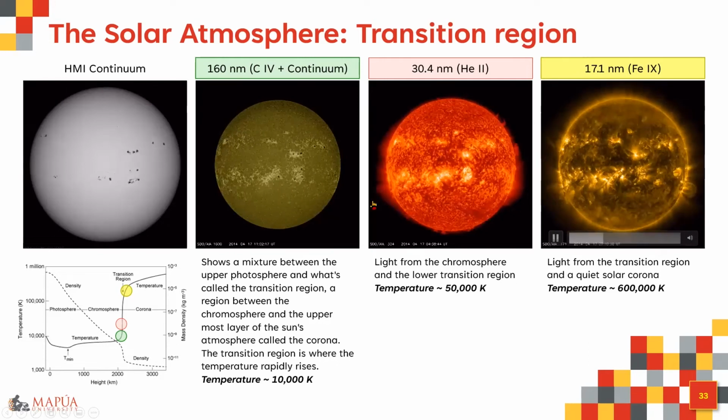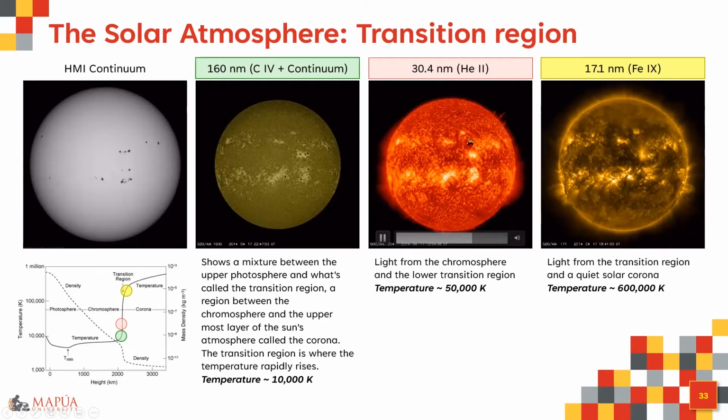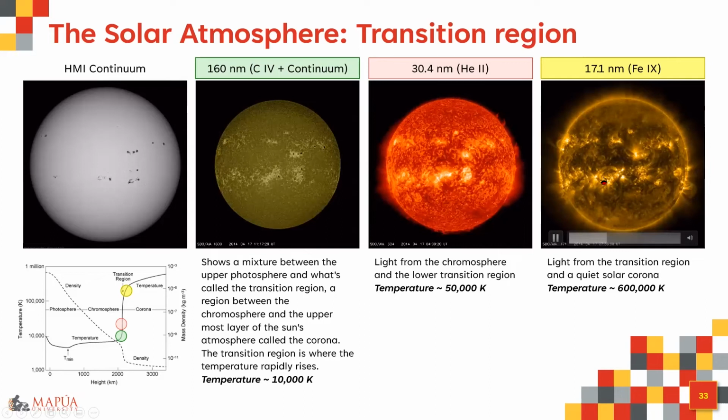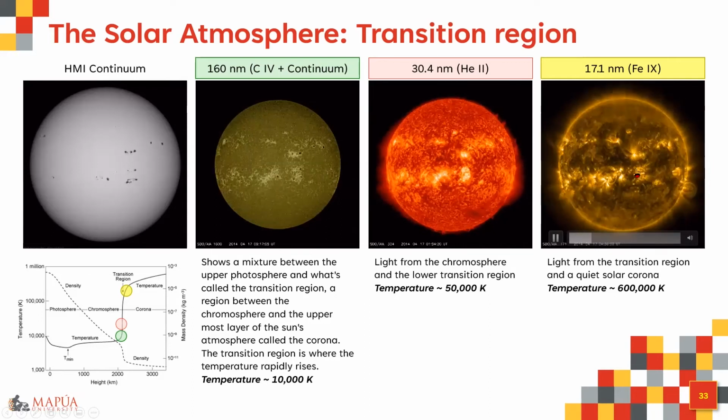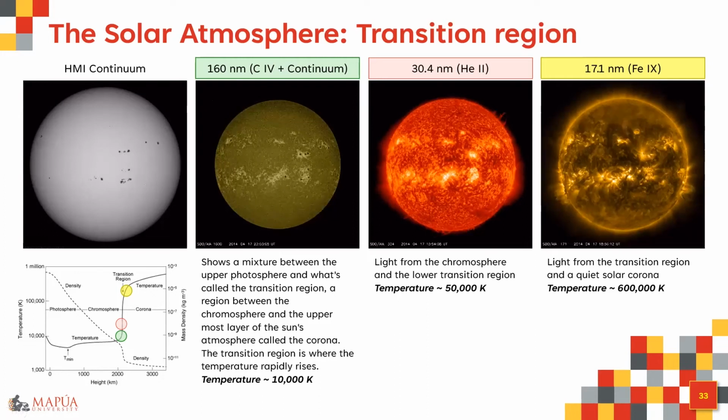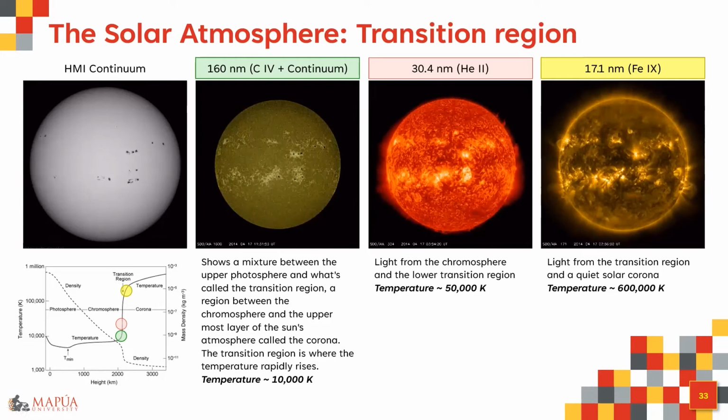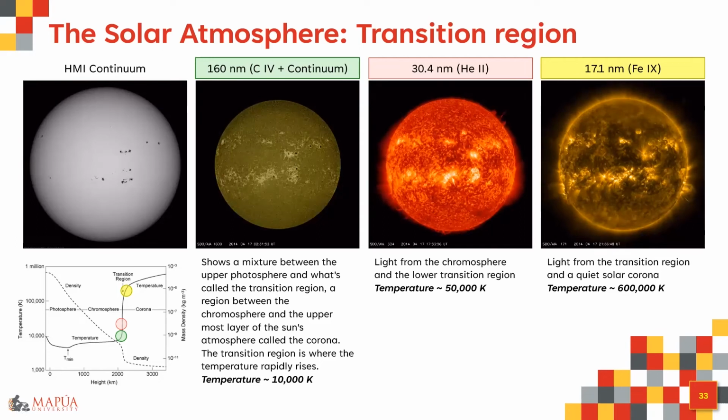But the coronal loops that are not too observable in the 30.4 nanometer are already observable in this wavelength. So you will notice here that you can actually see different features of the sun using different wavelengths that are available to us.